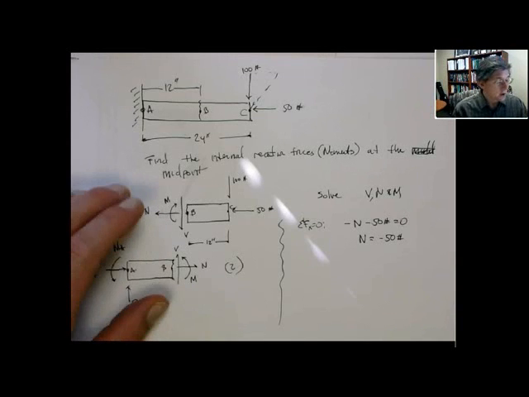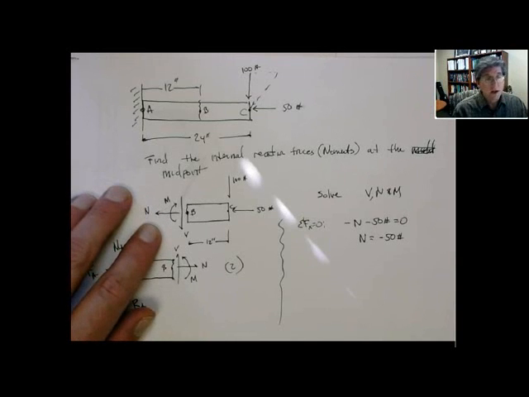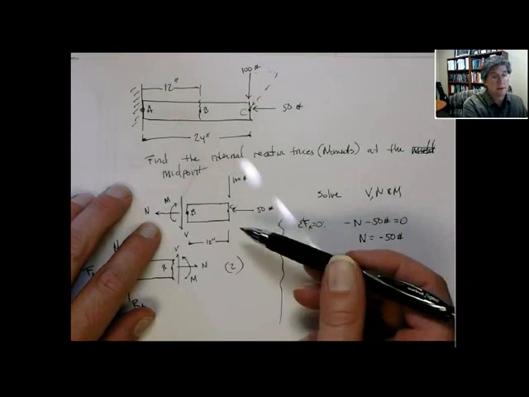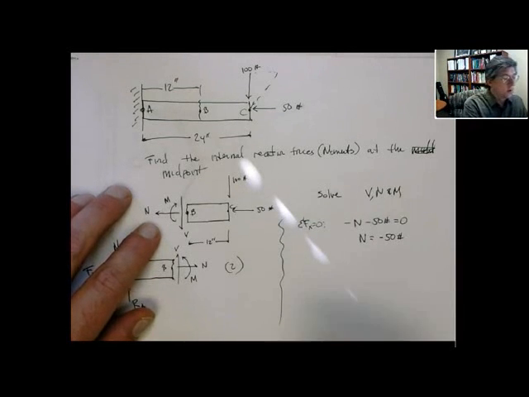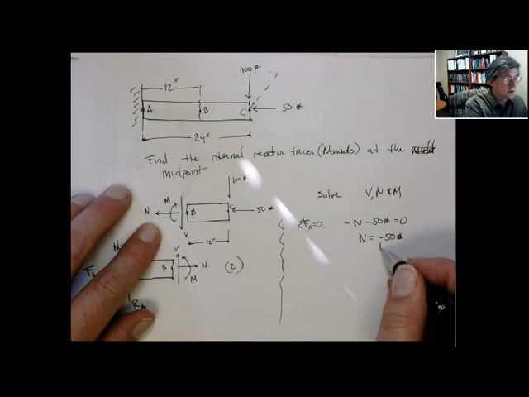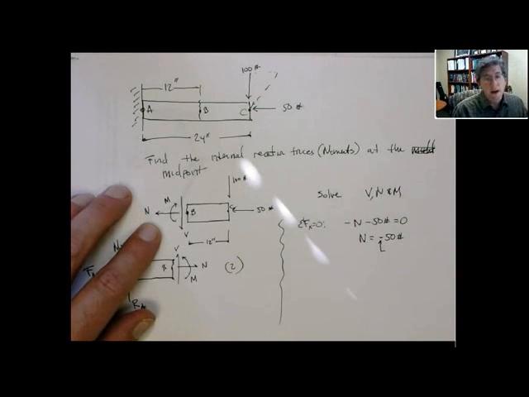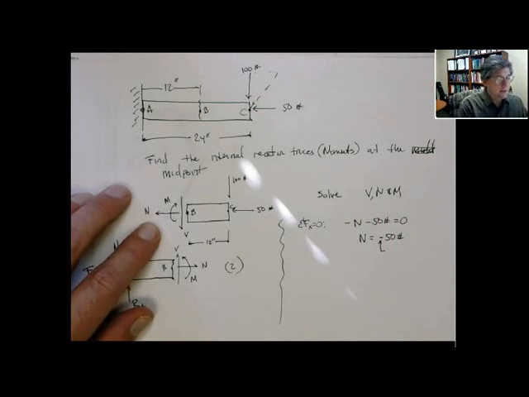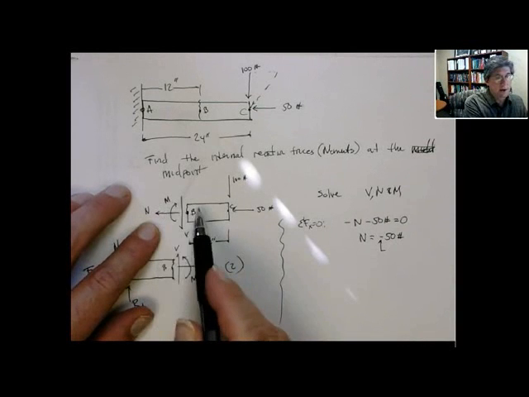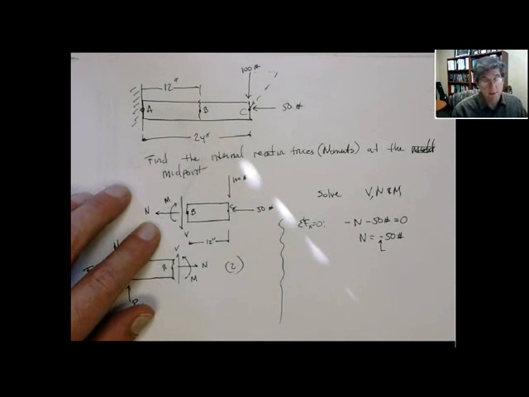So people will say, well, when I draw this, well, N has to go in the other direction because the 50-pound force is in. Yeah, that's true, right? And what happens here is we got the negative sign as a result. So that means N actually is 50 pounds going in this way. So it's in compression by 50 pounds. Okay? But it doesn't really matter. For simple problems, you can look at it by inspection.